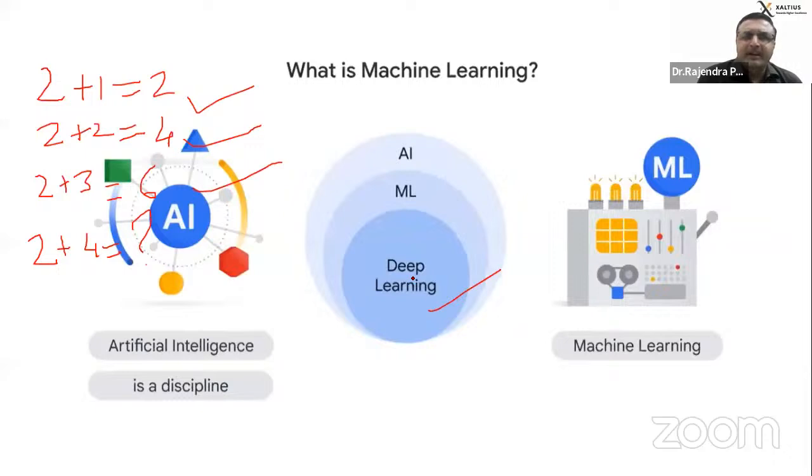Another simple example I'd like to give. When we meet for the first time, suppose today many of you might be interacting with me for the first time. Suppose I want to remember this face. What do you do? You try to match against the number of people you know, which is there in our database.